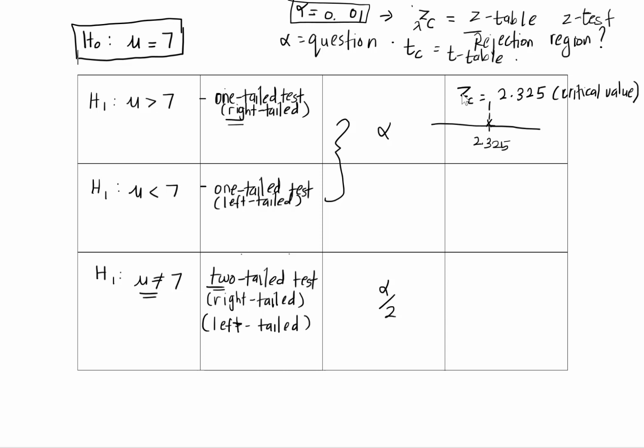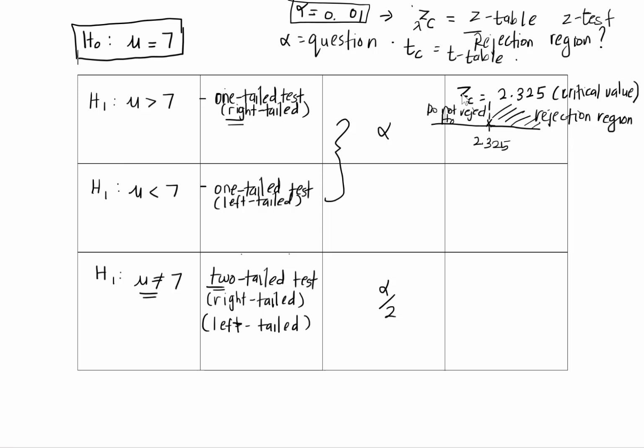We know that this is a right tail test, so the right side is the rejection region, and this one here is do not reject H naught.